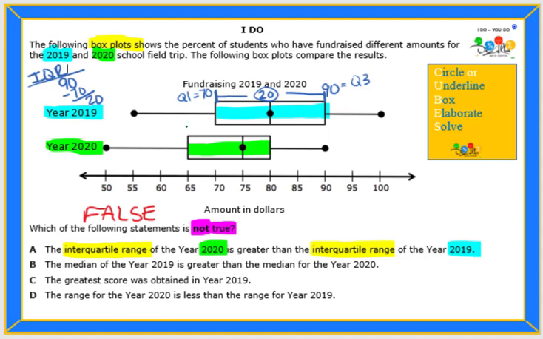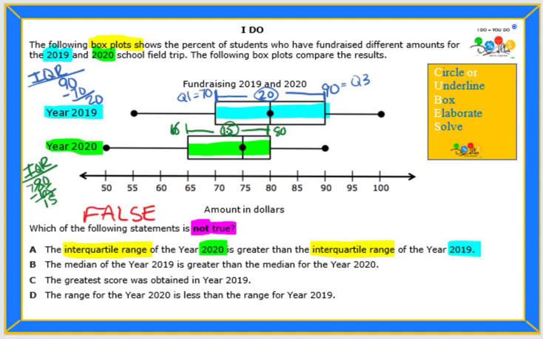I'm going to take quartile 1, which is at 65, and quartile 3, which is at 80. I will find the interquartile range by subtracting 65 from 80, and we will get 15. So the spread of the data here is 15.